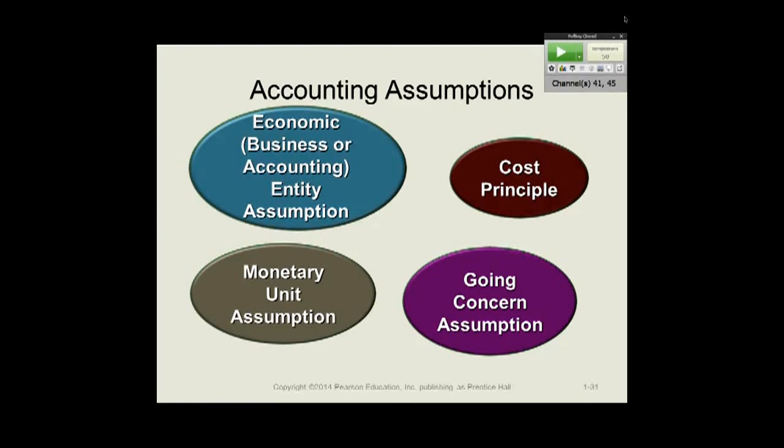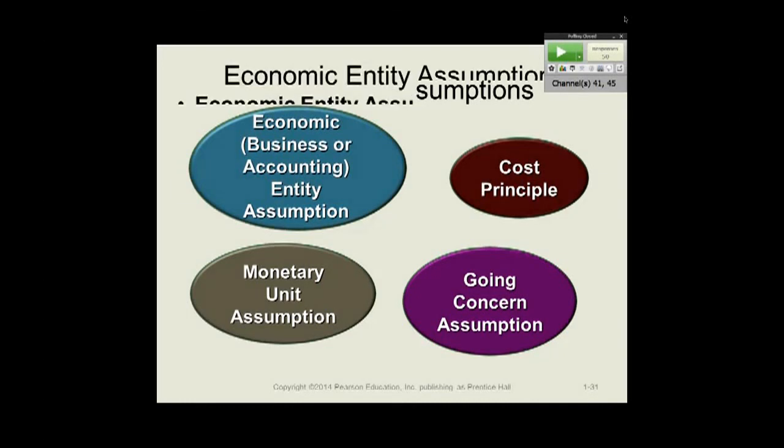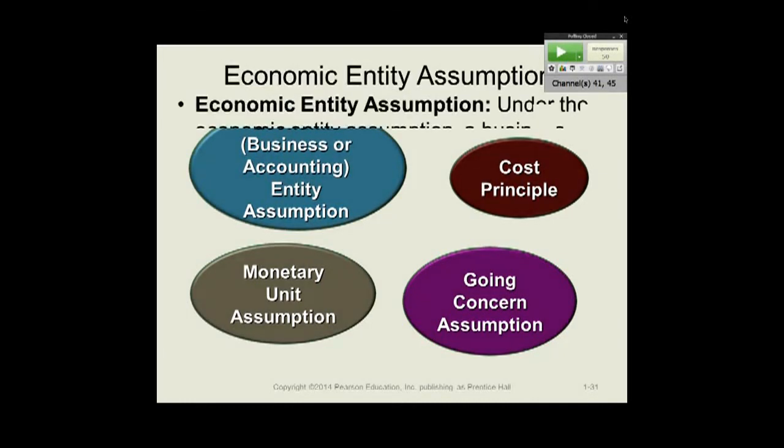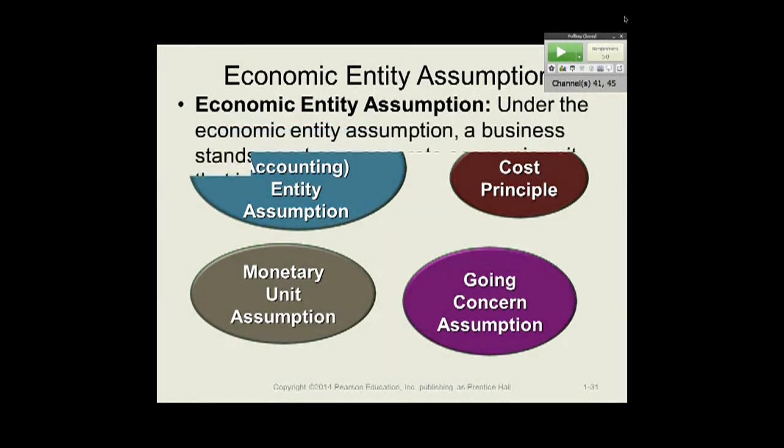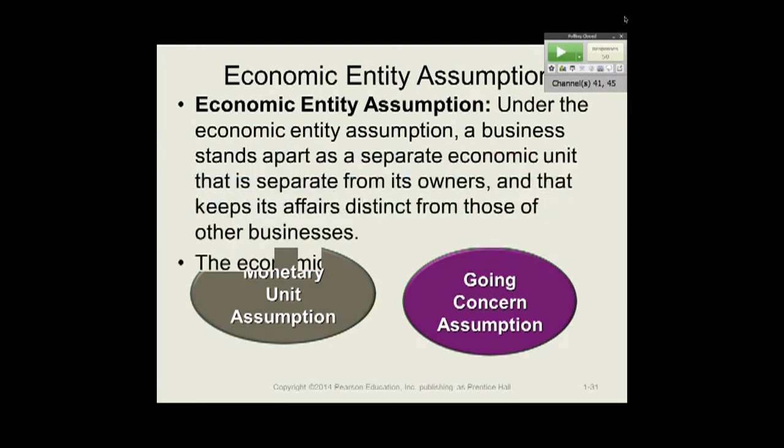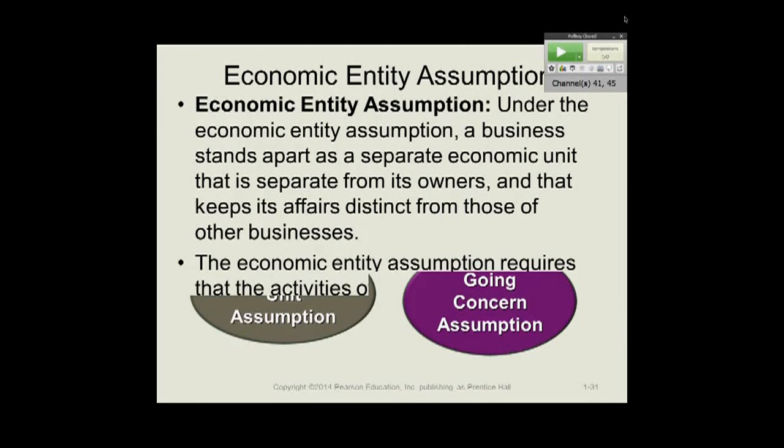So to define that more formally, I'll leave you with this. The economic entity assumption tells us that the business has to be separate from the owner, even though legally I'm not separate. So if I started my own business and I call myself ABC Company, if I do something, I'm responsible. I'm not separate from the business.